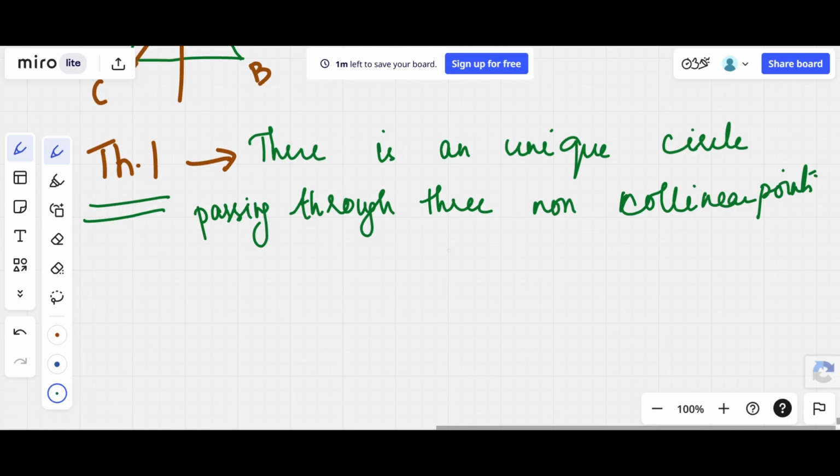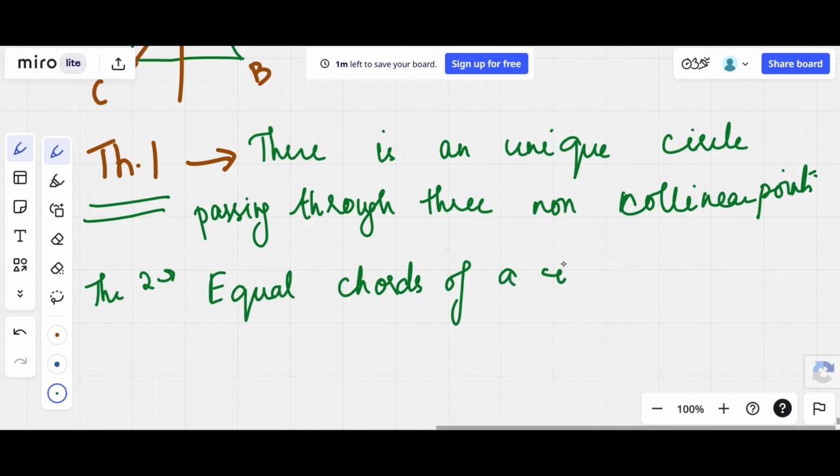Now the next theorem we are going to learn is: equal chords of a circle subtend equal angles at the center.